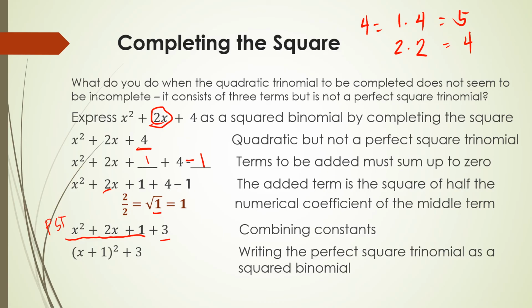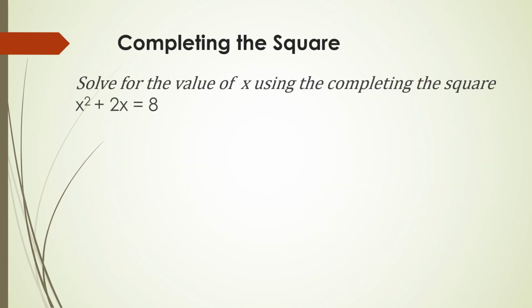So, since perfect square trinomial na siya, pwede mo na siyang i-express as perfect square binomial. So, magiging x plus 1 times the quantity of x plus 1. So, eto na siya pag sinulat mo siya. And then, plus 3.